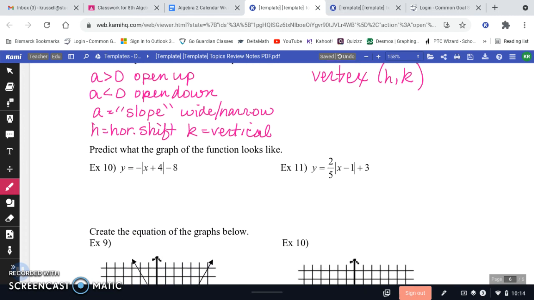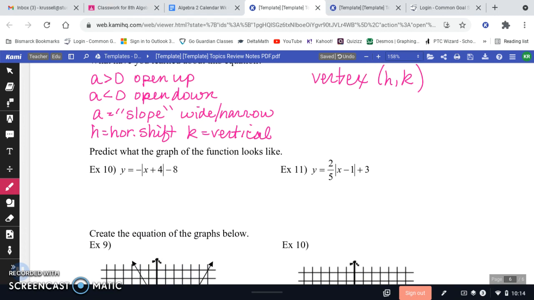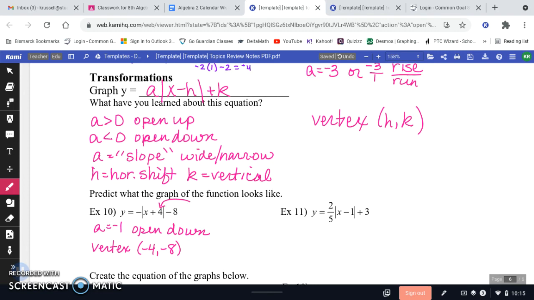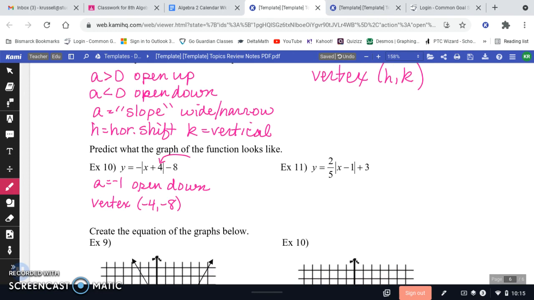All right, so let's talk about these. Predict. Well, it's going to be a V that opens down. My A is -1, so it's going to open down. My vertex, h, k, is going to be -4, -8. Look how this equation is x minus h inside the absolute value bar.